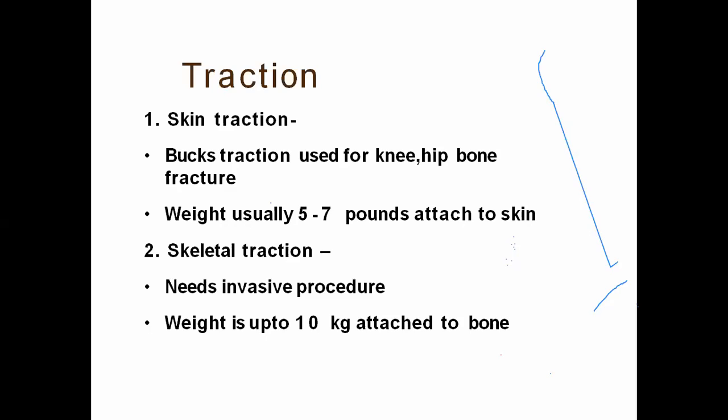Skin traction, such as Buck's traction, is used for knee and hip bone fractures. If you have a knee joint fracture or hip bone fracture, we use skin traction. So we are going to pull.